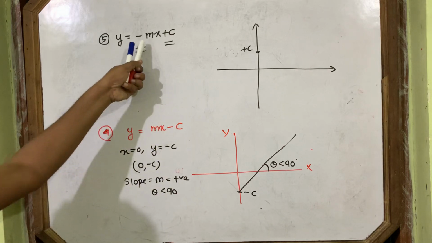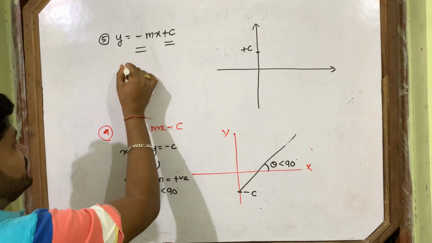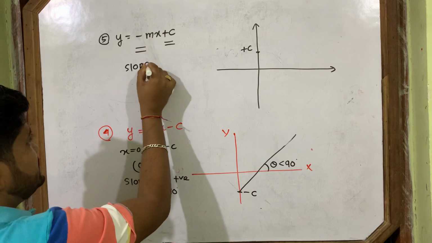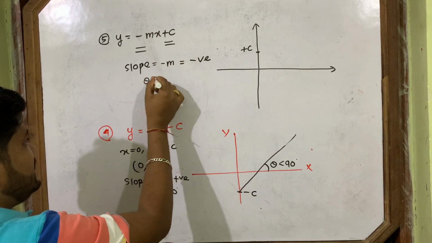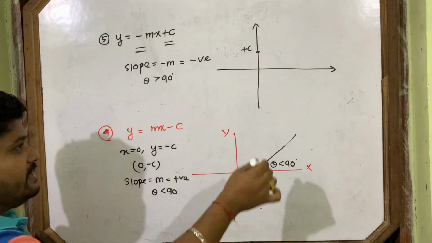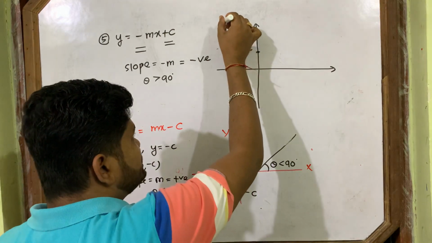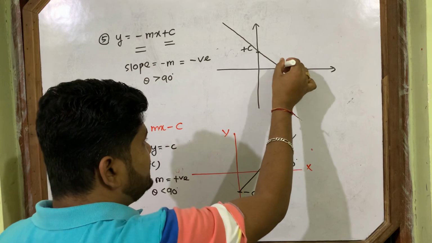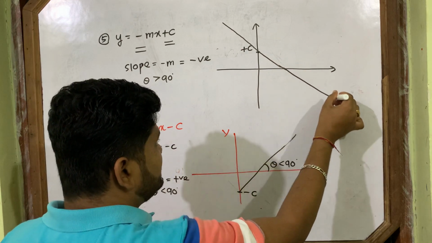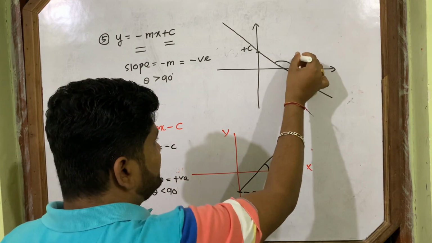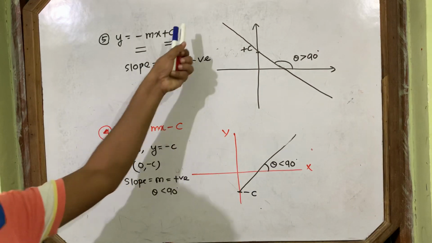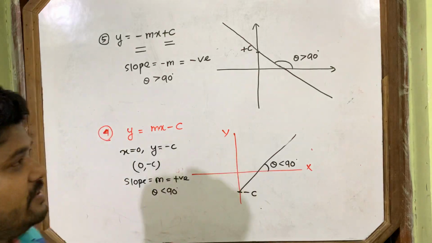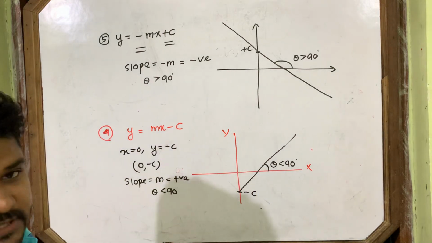But slope is negative. Slope equal to minus m means theta is greater than 90 degrees. So the line passes through this point with theta greater than 90 degrees. So this line is the graph for y equal to minus mx plus c.